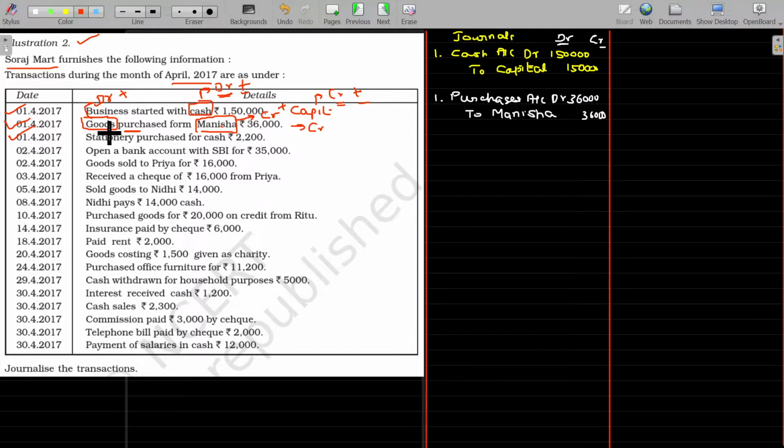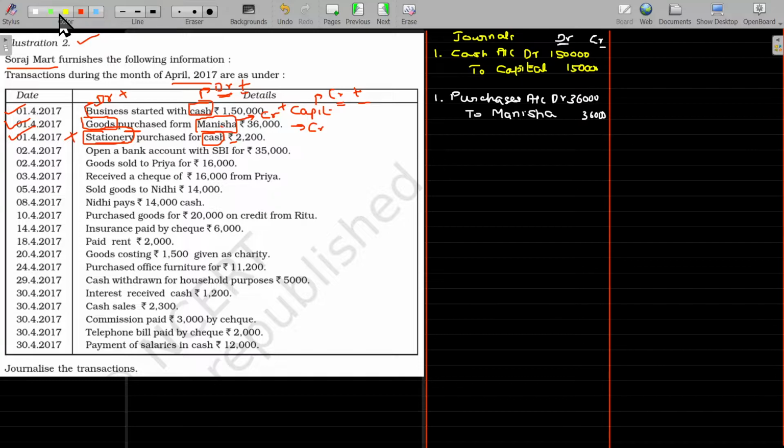On 1/4/2017, stationery purchased for cash. So stationery is one account, cash is another account. Both are assets. Asset means debit balance. Because of purchasing, the stationery will increase. Because of making the payment, cash will decrease. So stationery being debit, to increase the debit balance, you have to debit the stationery account.